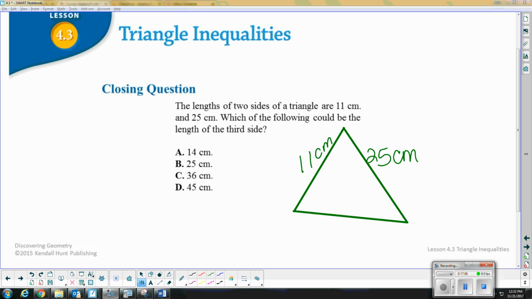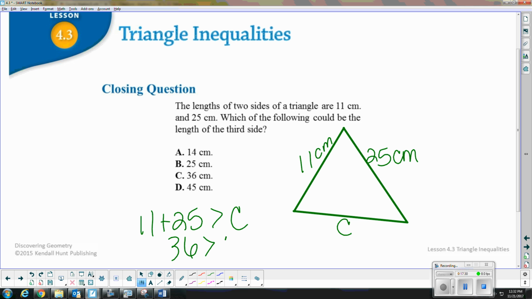Well, we have a conjecture. The triangle inequality conjecture says that the sum of the lengths of any two sides of a triangle is greater than the length of the third. Okay, so the sum of any two lengths, so 11 plus 25, has to be greater than, we'll call this C. So 36 has to be greater than C. So that means C has to be less than 36.